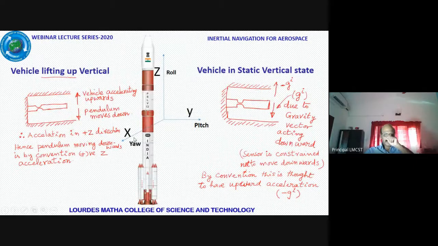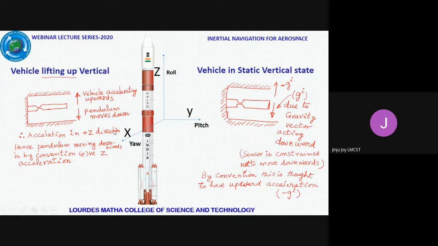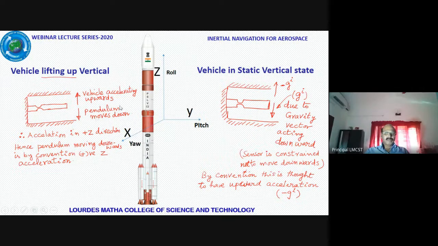Now, let us take a launch vehicle and use the body axis of the launch vehicle. Am I audible, and are things going on better? Yes, sir. Now, in this vehicle, suppose I put the accelerometer as it is here. This is called the equipment bay region.